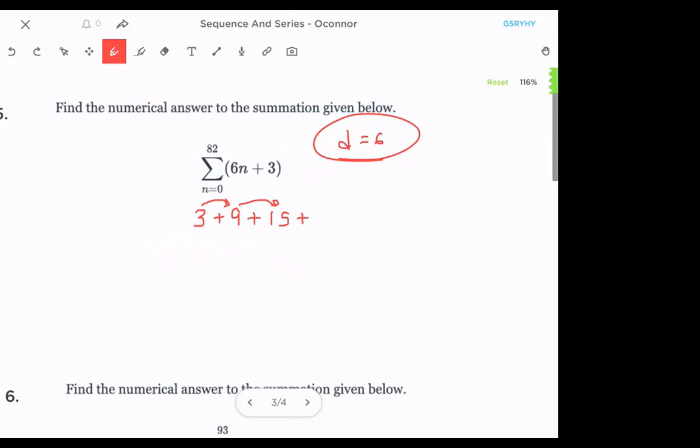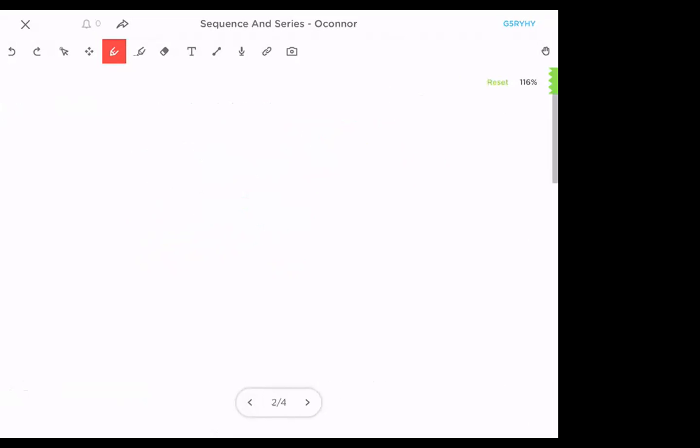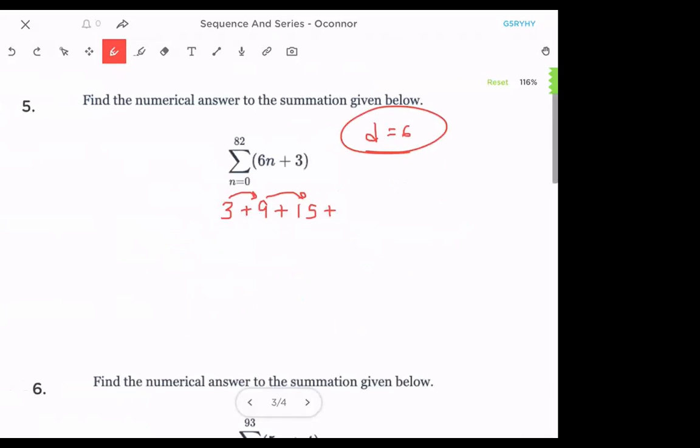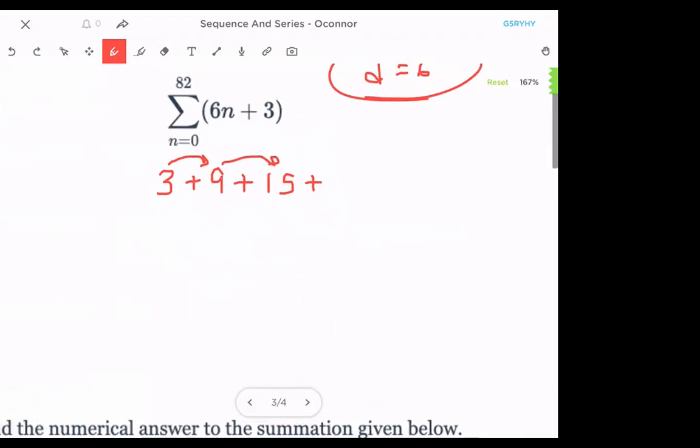So I'm going to use my arithmetic series formula, which is this guy. So I'll actually just rewrite that. To find S sub n, I'm going to do n times a sub 1 plus a sub n all over 2.